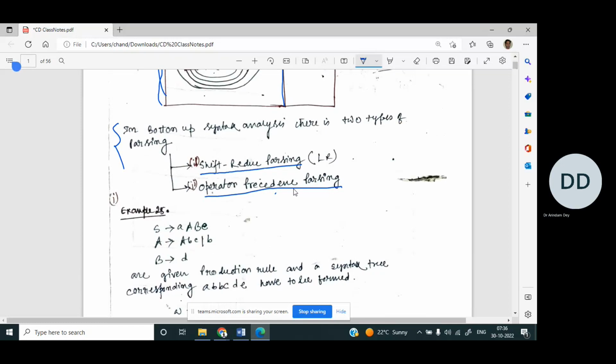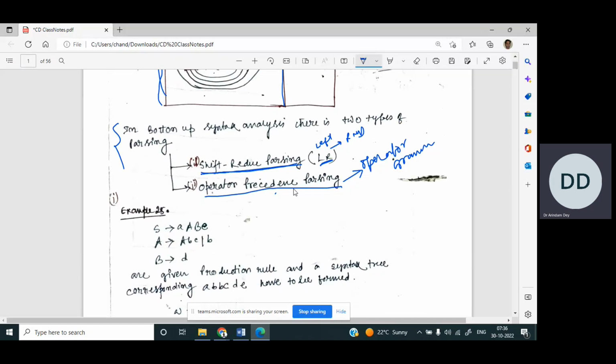Okay, to know what operator precedence parsing is, we also have to know operator grammar. Operator grammar is also important. And LR parsing, I said L stands for left to right scan and R stands for RMD. So this LR parsing is sometimes known as shift reduce parsing.